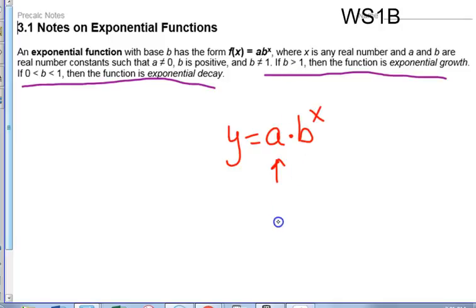If b is greater than 1, so, all right, here's my example for the day. I gave you 100 M&Ms. If we multiply that by 2 every hour, is it going to grow or decay? I'm going to give you twice as many M&Ms every hour, right? So you're going to have twice as many on your desk, okay?